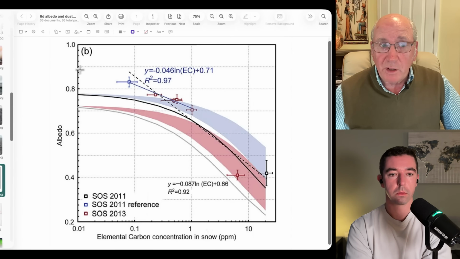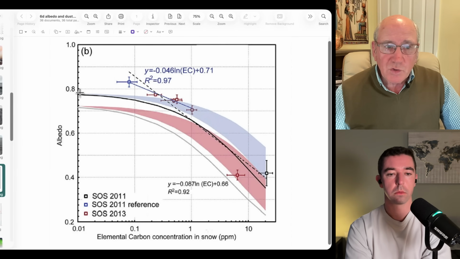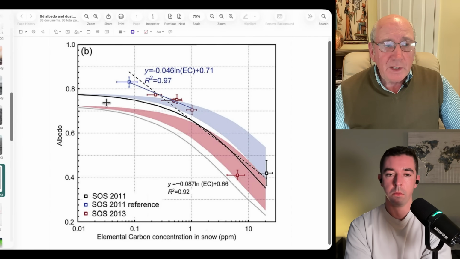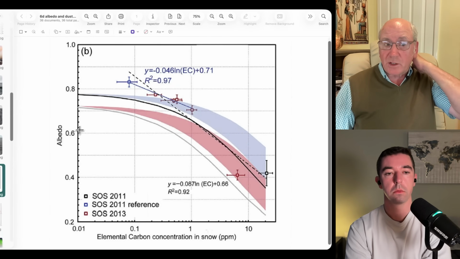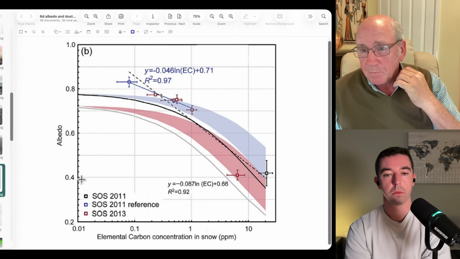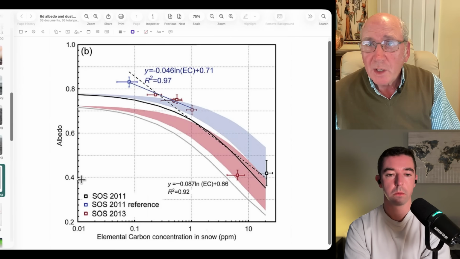Fresh snow is up here at 0.9, 0.95. This is ordinary ice, and we get about between 0.7 and 0.8 in the albedo. And then the more dust you put on it, in this case carbon dust, the darker it gets, all the way down here to 0.4. So that's a big change from, say, 0.8 down to 0.4. That's only half the reflectivity.